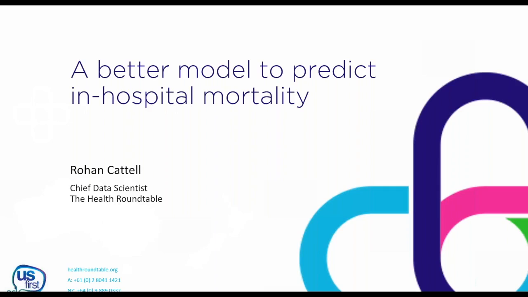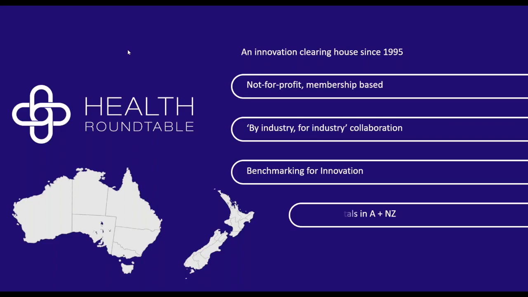I'll start with a little bit of background about the Health Roundtable, who we are. We're based in Australia and New Zealand, and we're a not-for-profit membership-based organisation. We've got about 177 mostly public hospitals in Australia and New Zealand that are our members, and we produce benchmarking reports for those hospitals, and we also run improvement groups for our members.